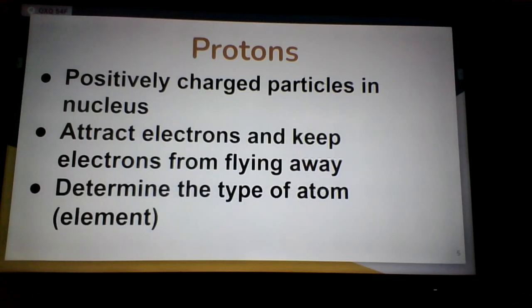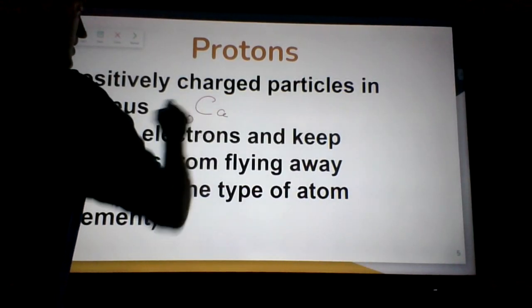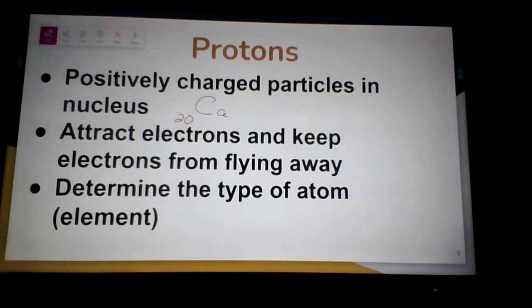Remember, the protons determine the type of element that the atom is. So let's just pick calcium with 20 protons, and there's a reason I'm putting the 20 here. You're actually going to see in just a little bit. But the atomic number is a number of protons. Calcium has 20.